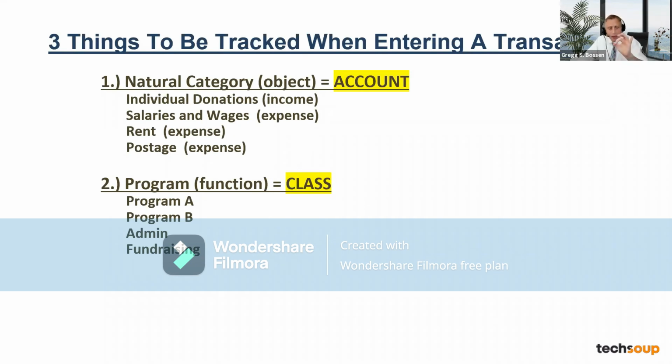The people that make mistakes incorrectly have these things as expense accounts on their P&L. You should make these the classes. If you have an expense account called fundraising, then I don't know what the natural category is, and I need to know that. I need to know both that it was for fundraising, and was it for postage for fundraising? Was it for printing for fundraising? Was it somebody's salary for fundraising? I need to know that, okay?